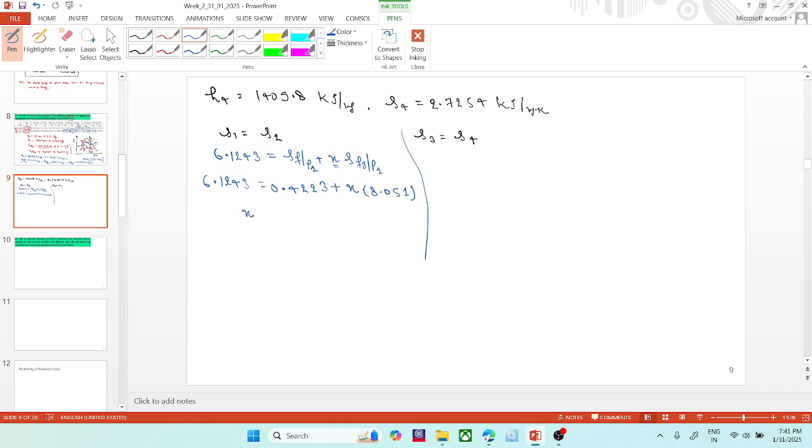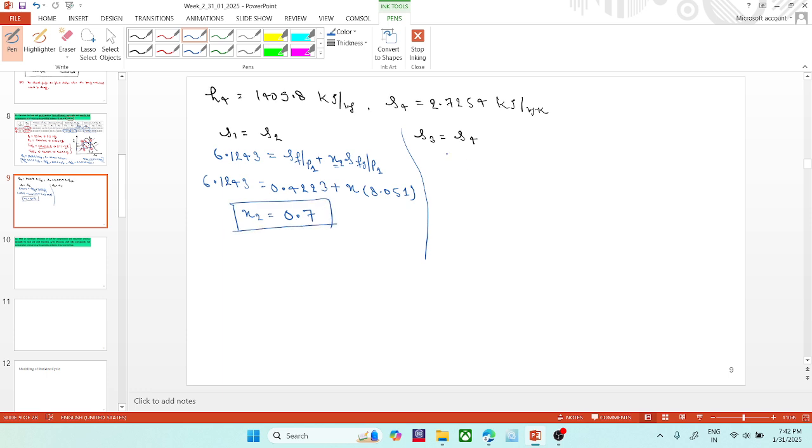So from here, the value of x2 is coming 0.7.